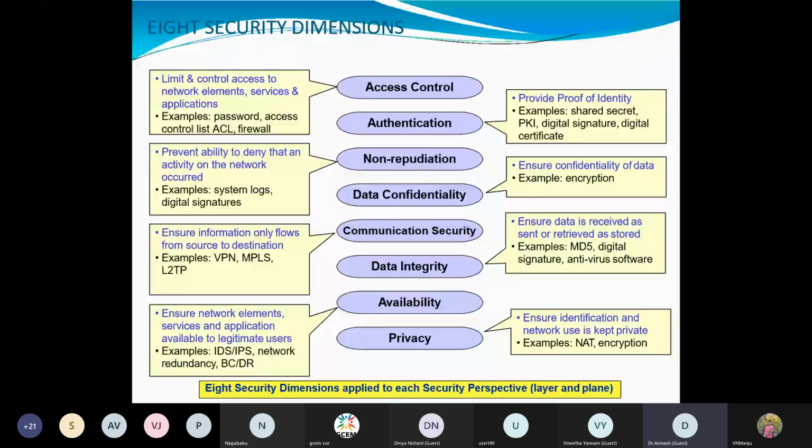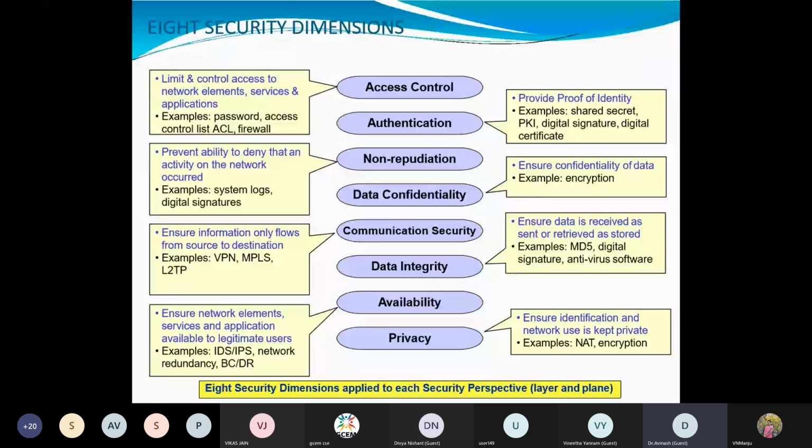The next process, called communication security, is the phase in which we ensure the information flows only from source to destination. For example, let us talk about virtual private networks. We can see that communication security is taken care of.